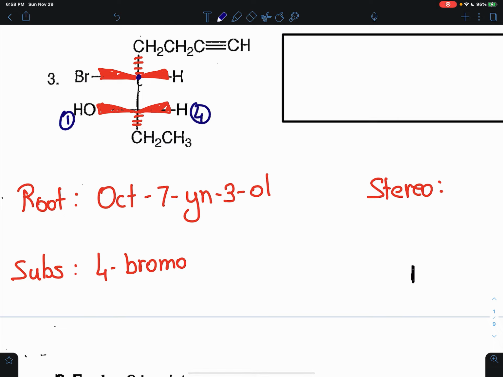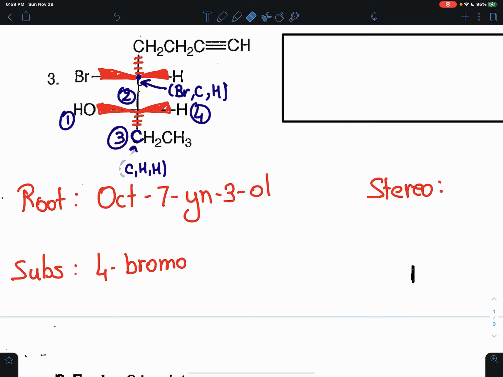Now, I have to look at this carbon and this carbon right here. This carbon is connected to a carbon and 2 hydrogens, while this carbon is connected to a Br, a carbon, and a hydrogen. So the upper carbon has a higher priority, meaning that this one will have number 2 and this will be number 3.